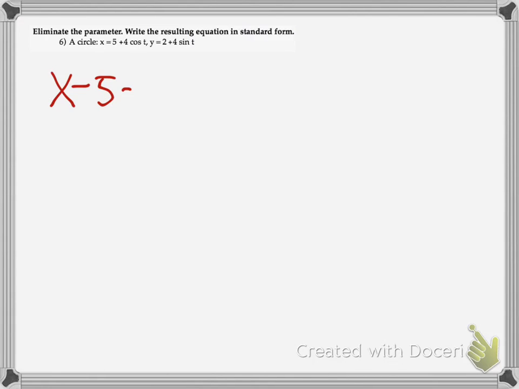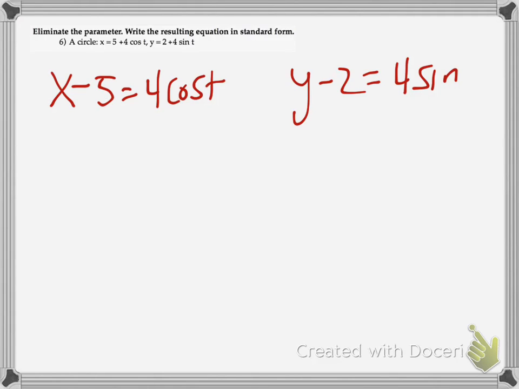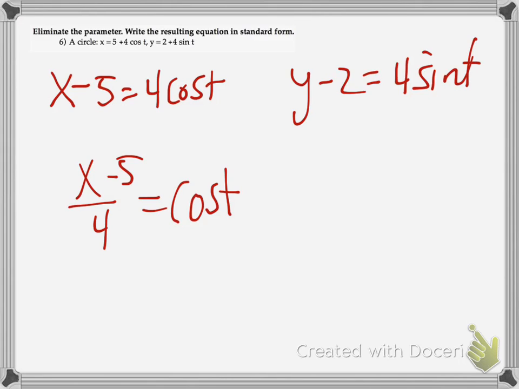So x minus 5 equals 4 cosine t, and y minus 2 equals 4 sine t. Then we've got x minus 5 over 4 equals cosine t, and y minus 2 over 4 equals the sine of t.